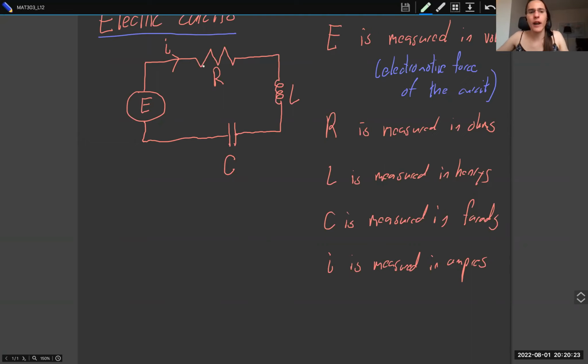Now, what happens for everything else is that the voltage drop is going to be some function of the current.